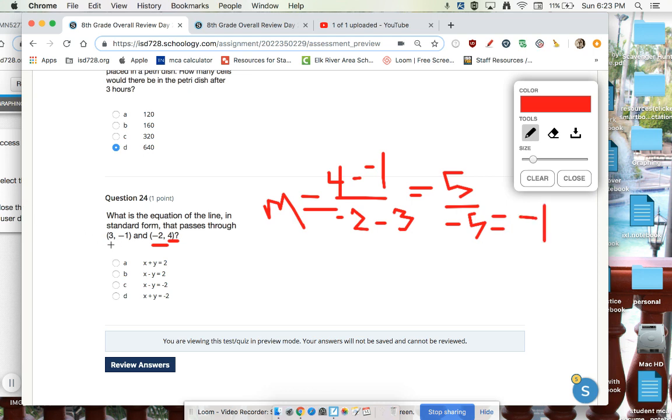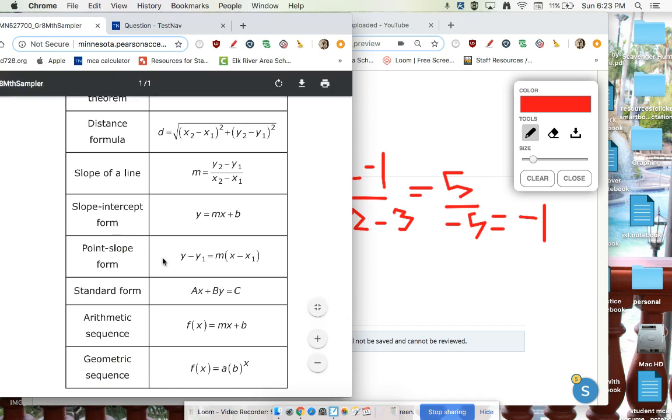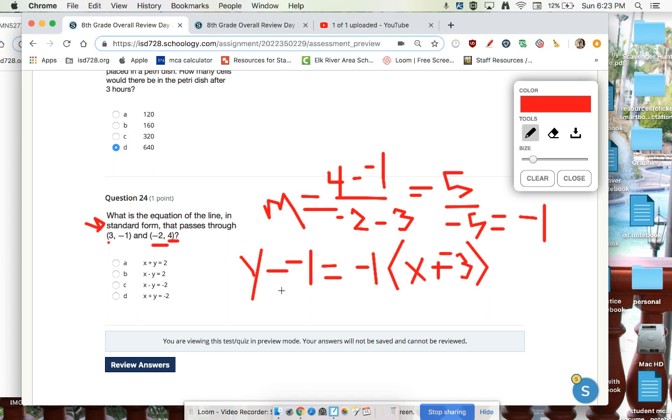Now I'm going to pick a point. I'm just going to pick the first one. After I pick this point, I'm going to use point slope. So y, take away the y they give me, -1, is equal to my slope, -1, parenthesis, x, take away the x they gave me, which was 3. Okay, so I'm going to plus a negative here and distribute my -1 as well as turn this to plus.